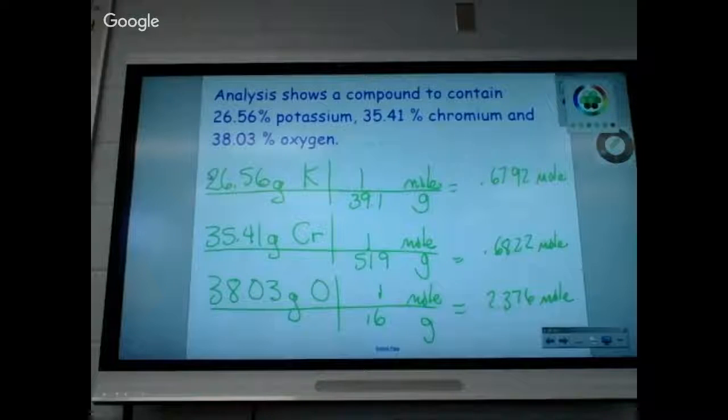Yes? All right, Jennifer, what do I do in step 3? Divide by the smallest. Alicia, what's the smallest? All right, the 0.67.